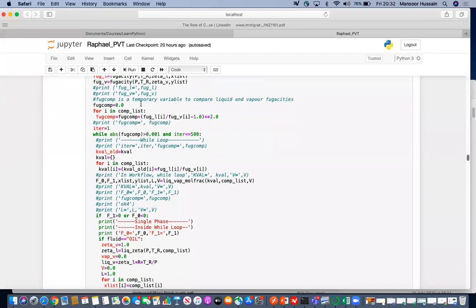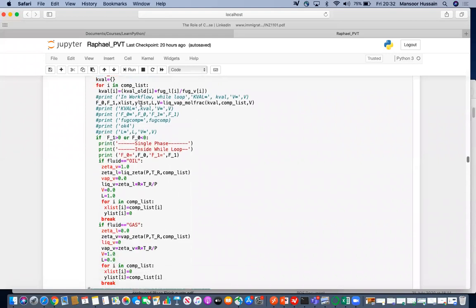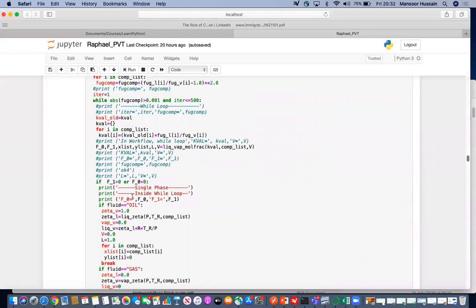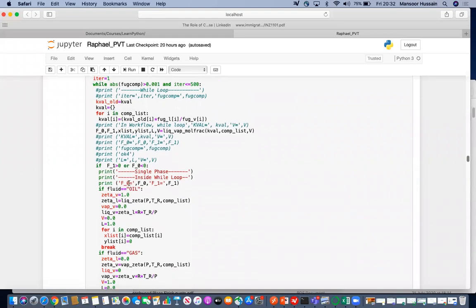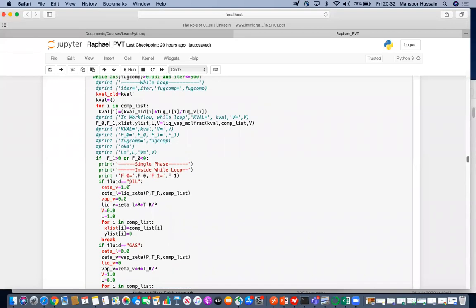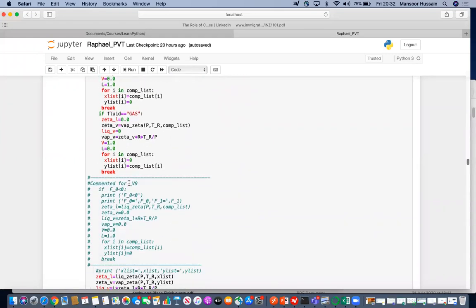Then it iterates until the fugacity of each component in the liquid phase and in the vapor phase are the same. That is when you would have equilibrium. So this is an iterative process. You might see that even inside the loop, I'm checking again if it's single phase or two phases. This is because some compositions do not appear to be single phase outside the loop, but inside the loop they become single phase. So I'm just being careful here.